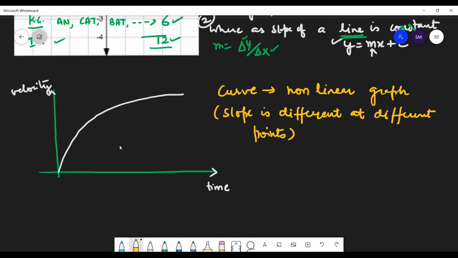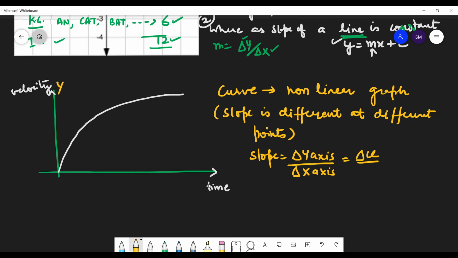So now my next question is, which physical quantity is this slope telling you? Slope tells you change in y-axis divided by change in x-axis. What is on the y-axis? Velocity. So velocity is changing on the y-axis.